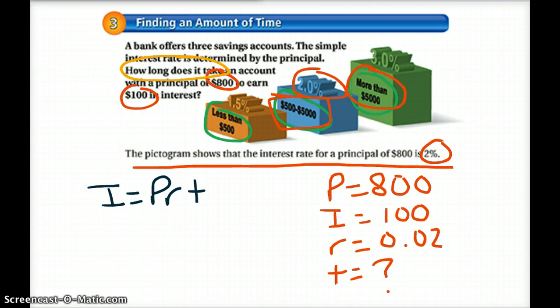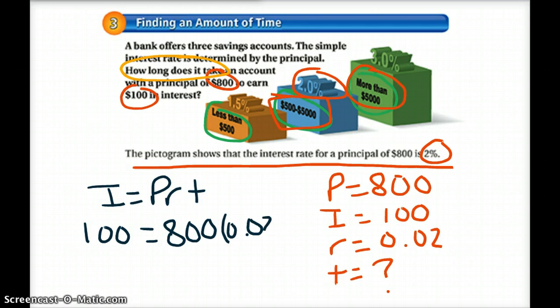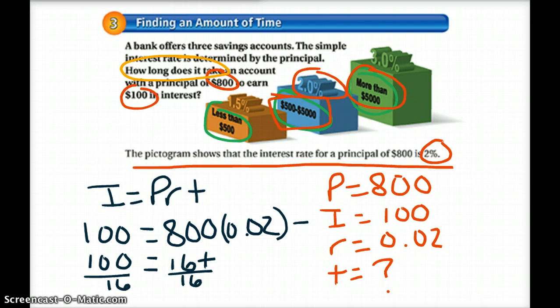Plug in what you know. 100 equals 800 times 2 hundredths times T. Go ahead and simplify. 100 equals 800 times 2 hundredths, which is 16, times T. Solve for T by dividing both sides by 16.